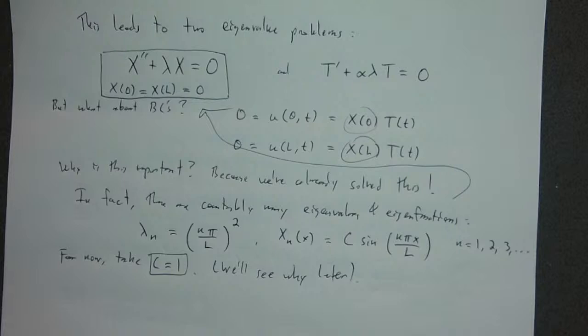This is analogous to the statement, if you recall from linear algebra, that eigenvectors are not unique in the sense that they are only defined up to scalar multiplication. If you take an eigenvector and you scale it by a scalar, it's still an eigenvector for the same eigenvalue.